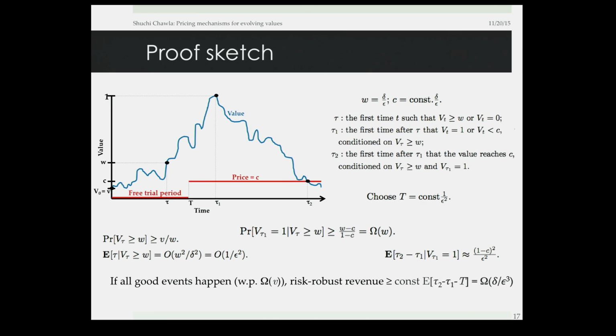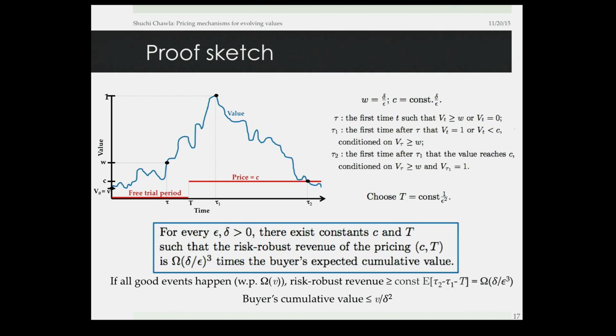All of these good events, these checkpoints, are achieved with probability that's linear in V, and then we get revenue that looks like delta over epsilon cubed with the right choice of parameters. And the buyer's cumulative value is V over delta squared, so the ratio becomes this function of delta over epsilon. So that's very quickly what the argument looks like.